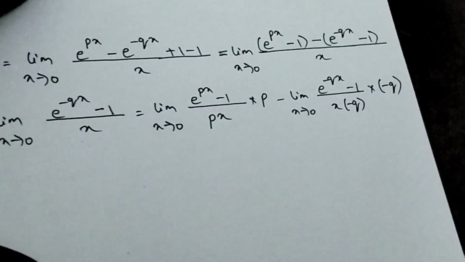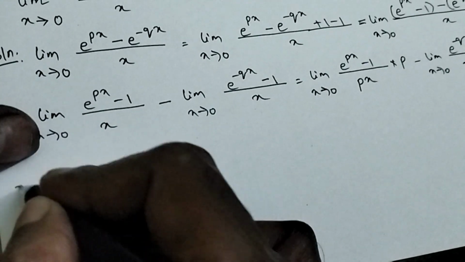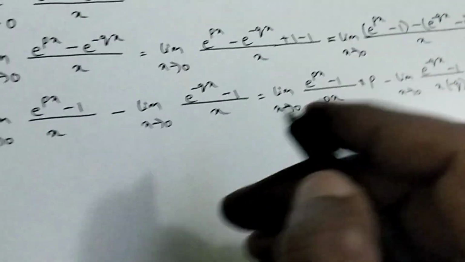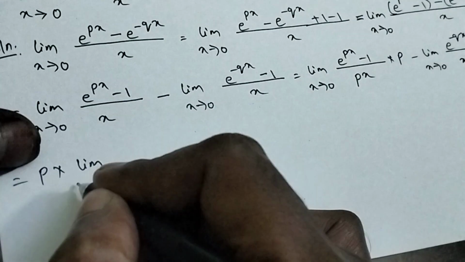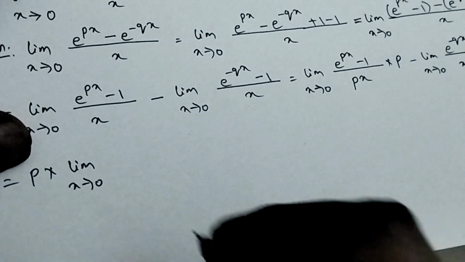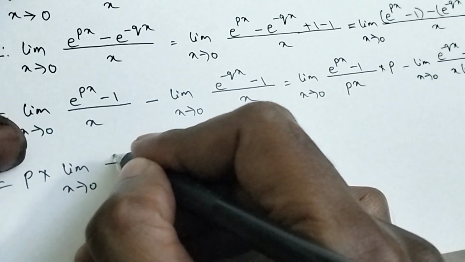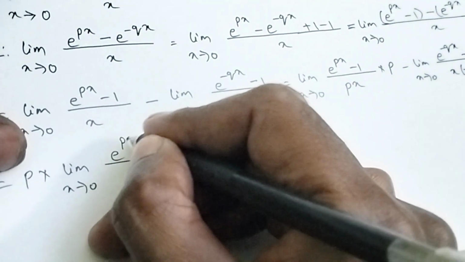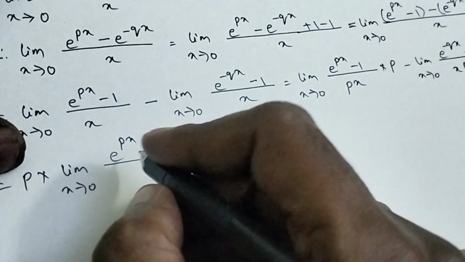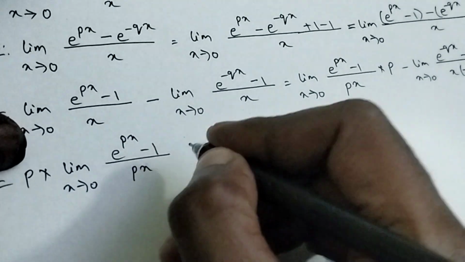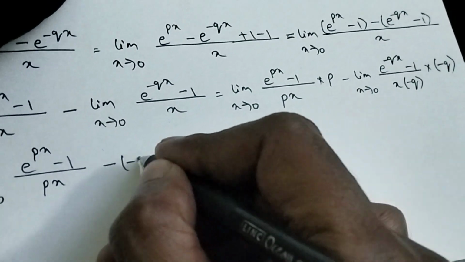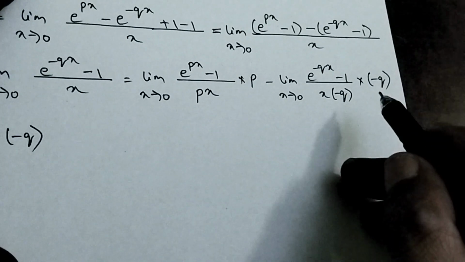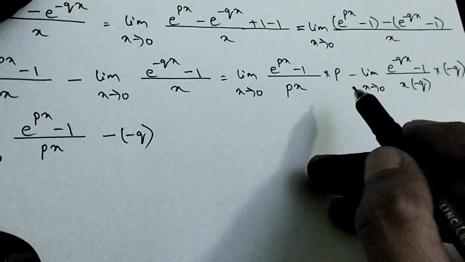So now this p will come outside: p into limit x tends to 0, e to the power px minus 1 by px. This minus q will again come outside. Minus of minus q, and here is already a minus.